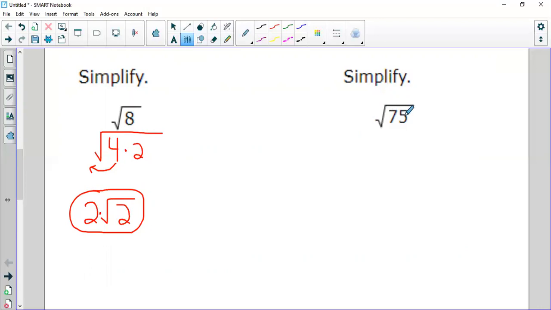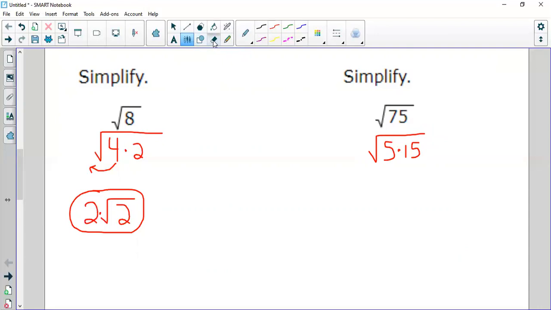How about the square root of 75? Well, you may not see right away what the perfect square factor is. You might think, well, 75 can be divided by 5. If I divide it by 5, that gives me 5 times 15. Well, 5 times 15 doesn't do any good because neither of these numbers are perfect squares.